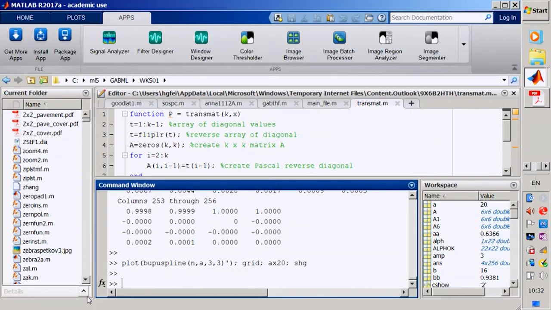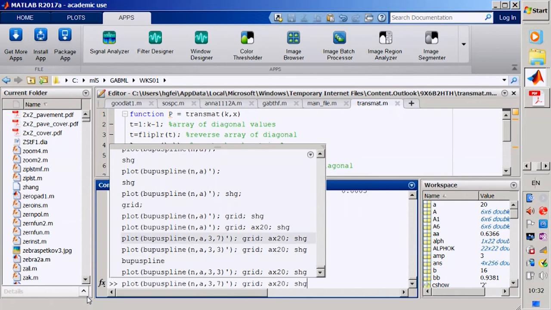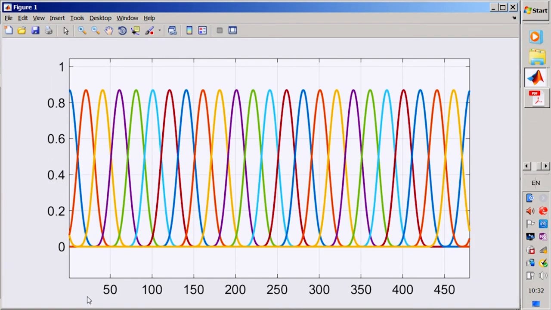Now, maybe another thing, this is one of the standard things that we are using. This is cubic spline. So that's the standard.